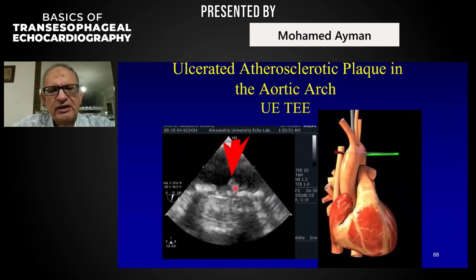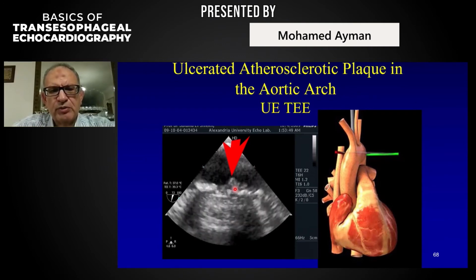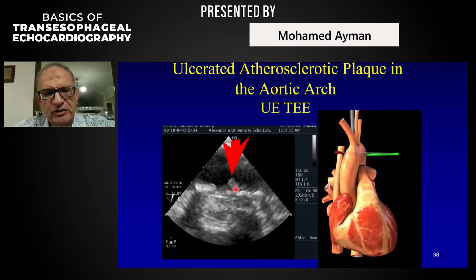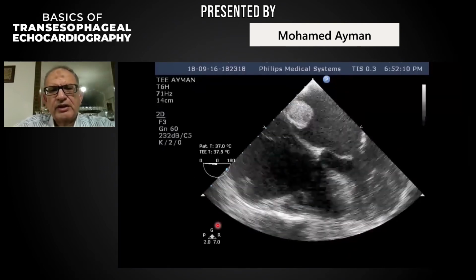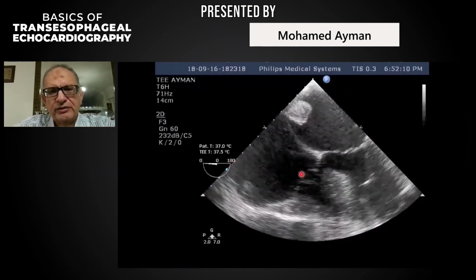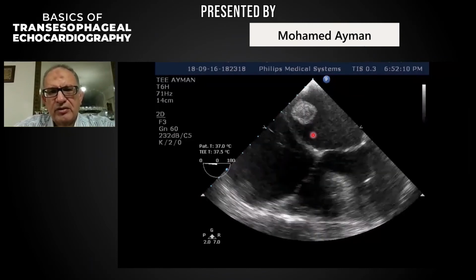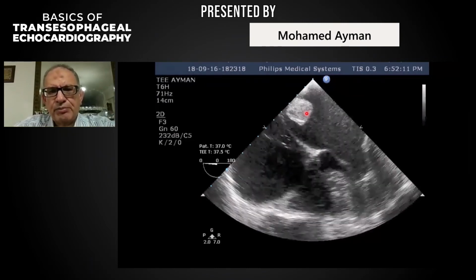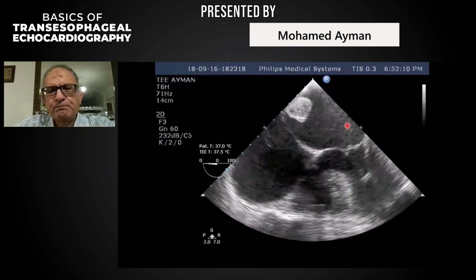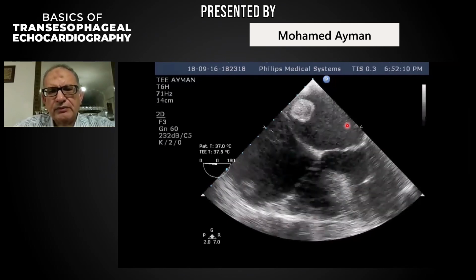This slide I showed before. This is an aortic arch complex plaque, and this was the one responsible for the stroke in that patient. Here is a TEE, mid-esophageal. As you can see, there is a big thrombus present in the left atrium.